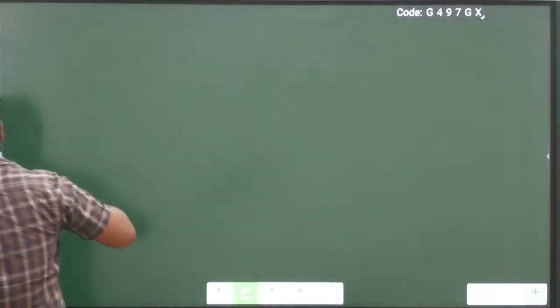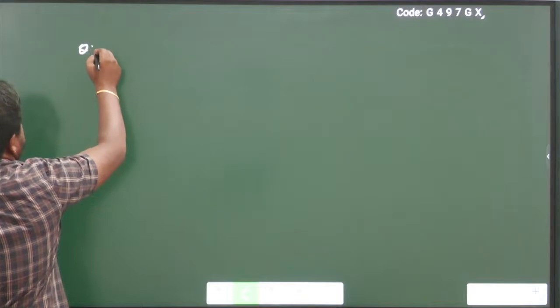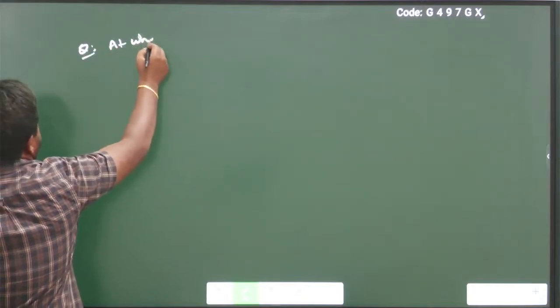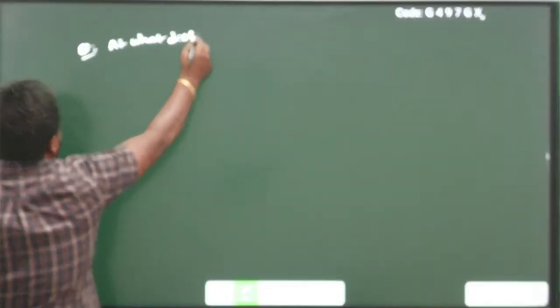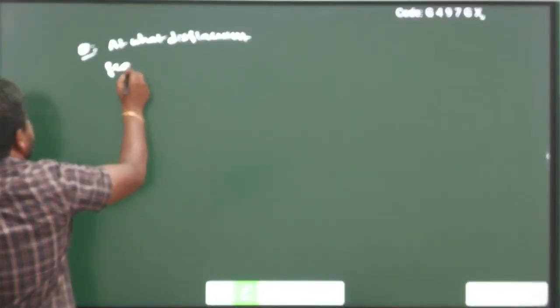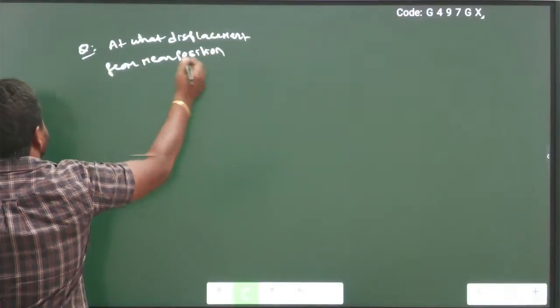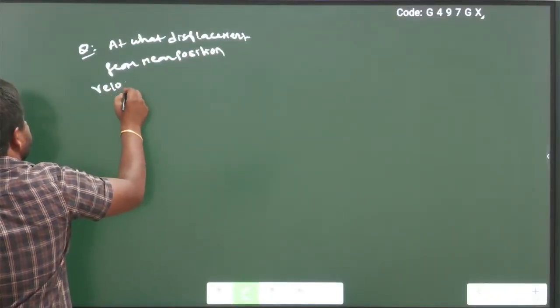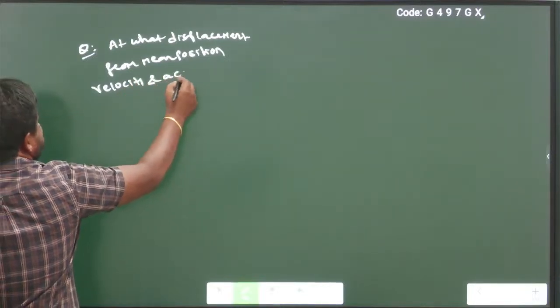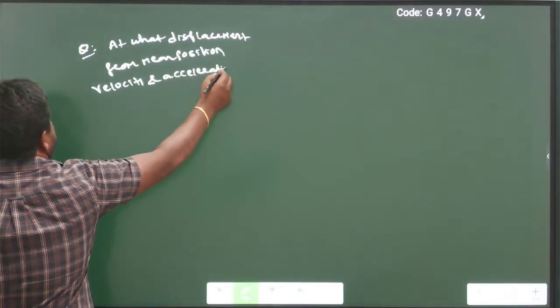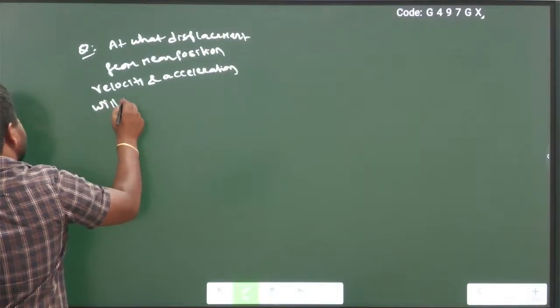Next, one more question based on the velocity and acceleration. At what displacement from mean position will velocity and acceleration have the same magnitude?